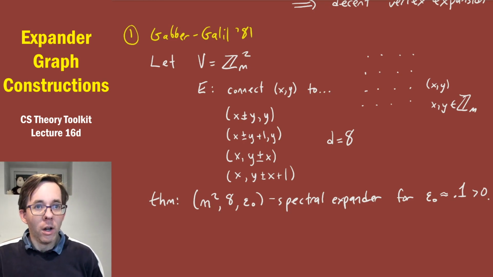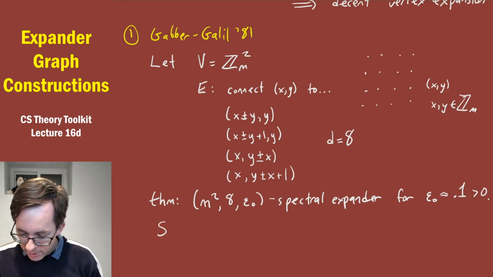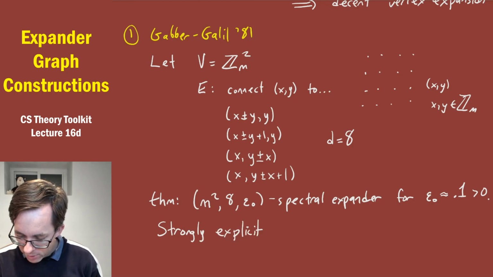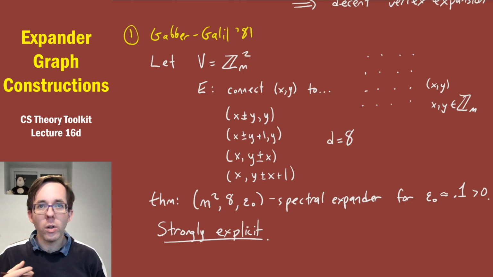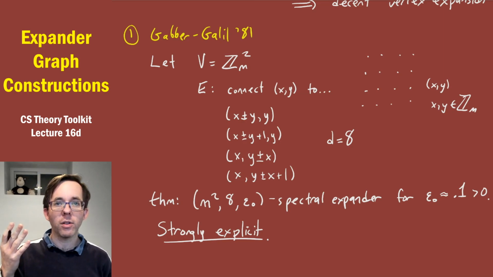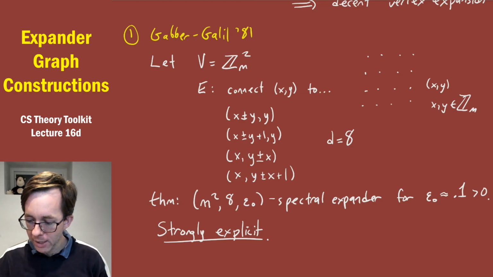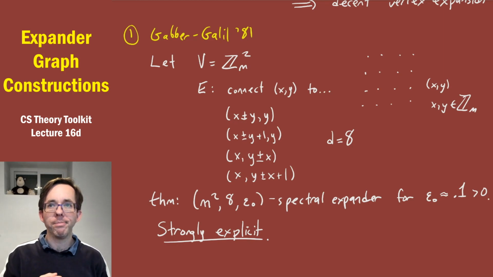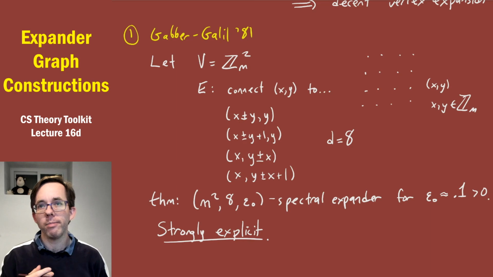First of all, as I mentioned, it's strongly explicit or fully explicit. It's as great as you can get. What that means is there's absolutely no trouble for a poly(n) time algorithm in imagining and working with one of these graphs on 2^n vertices. Because the names of vertices are just pairs of numbers mod m.